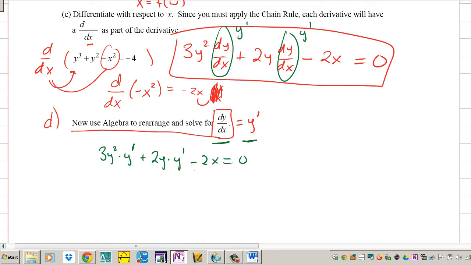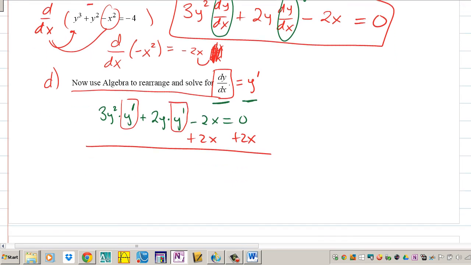So before I do that, let me add 2x to both sides, because we know that when we want to solve for a variable, we isolate the variable and we start removing everything that's around that variable, but in a specific order. So we take care of the subtraction and the addition first. 2x is equal to 3y squared y prime plus 2y y prime. Now notice I have y prime and y prime.